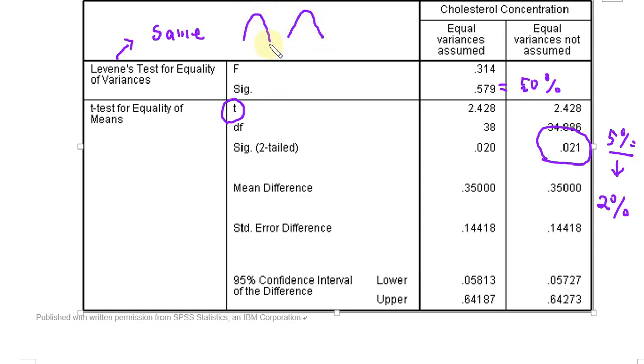This is what we call homogeneity. The Levene's test null hypothesis is that the two groups are homogeneous in terms of variations.